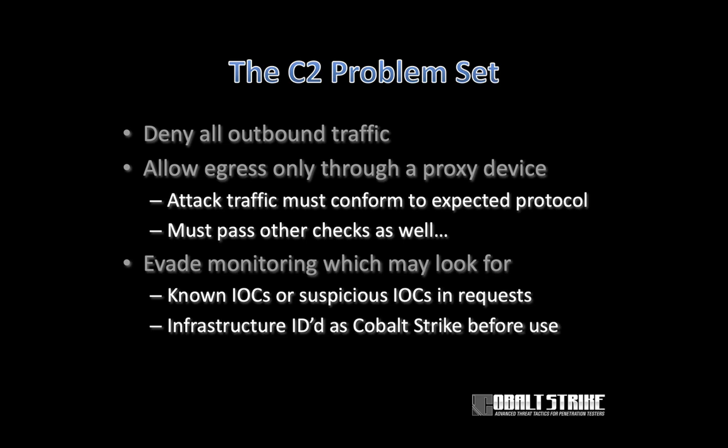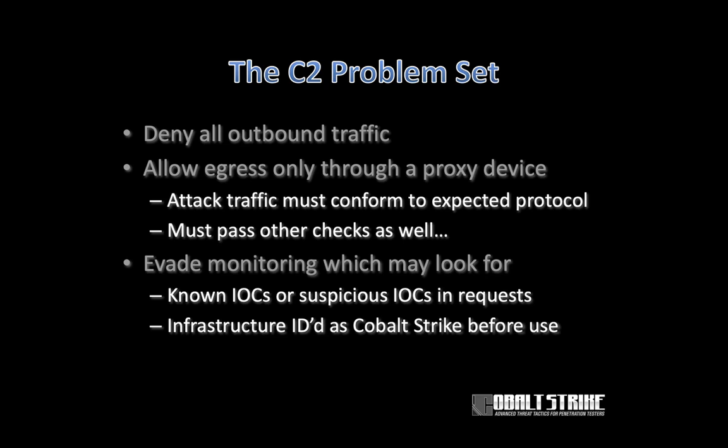In any type of modern enterprise, you should expect that there is a network firewall that is denying all outbound traffic. So you can't assume that you will be able to make a raw connection out of a network. The only egress that you should expect is egress that goes through a proxy device.